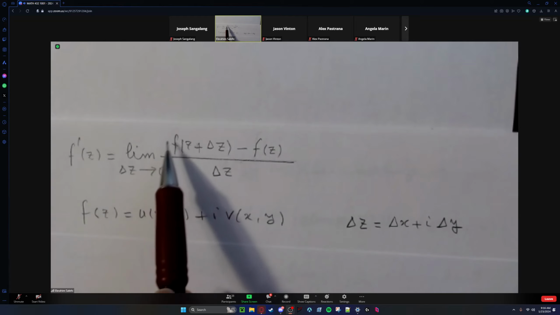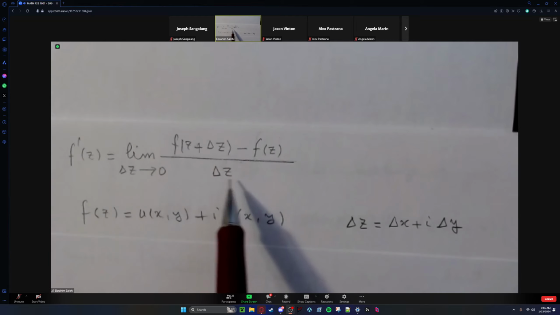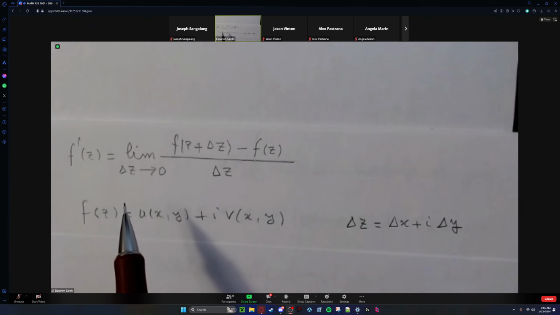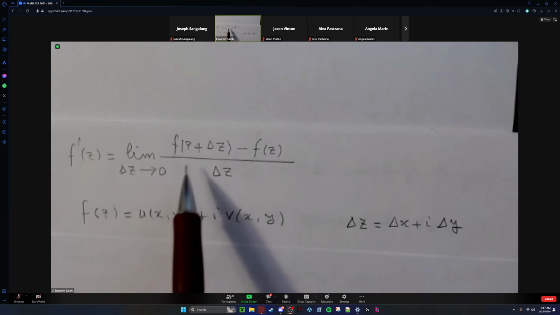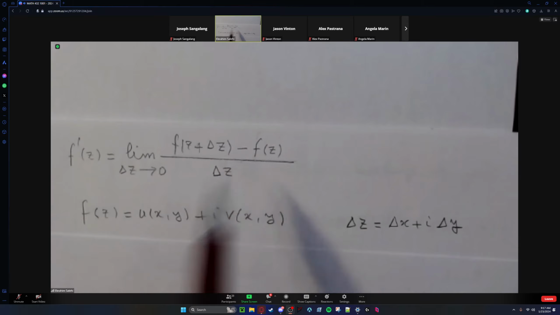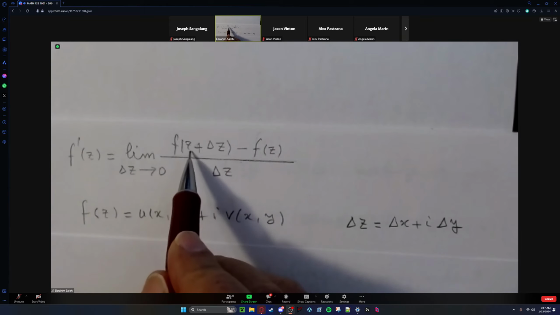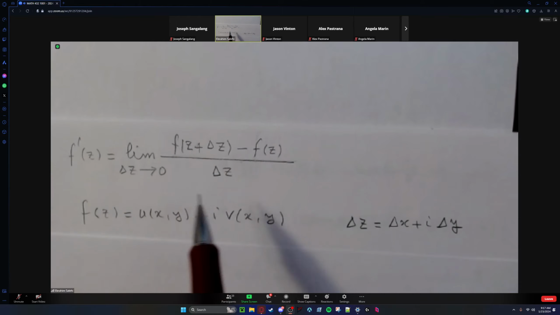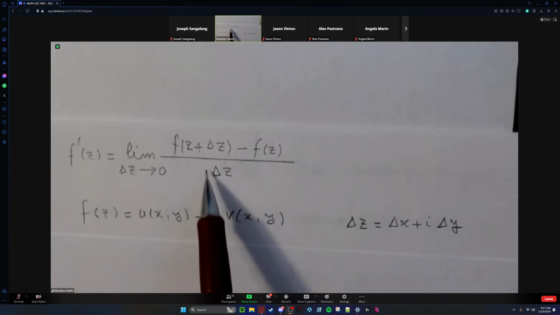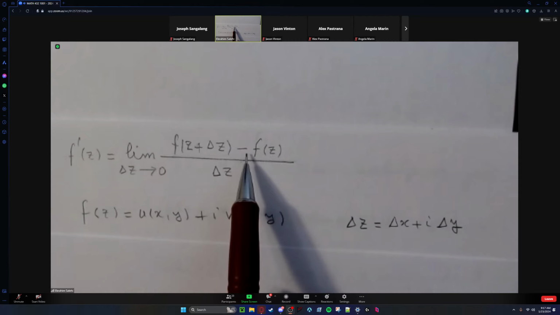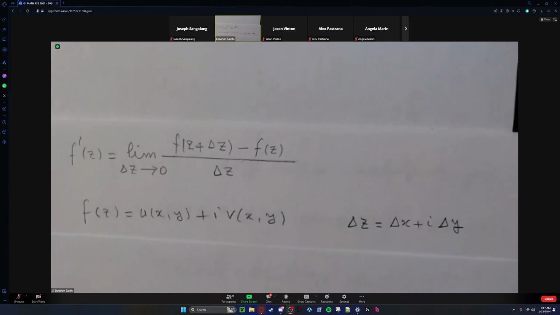I am going to use this fraction and take the limit, assuming that the derivative exists. Let's assume that the derivative exists. So the limit exists. And no matter how delta z approaches zero, you got to produce the same result.